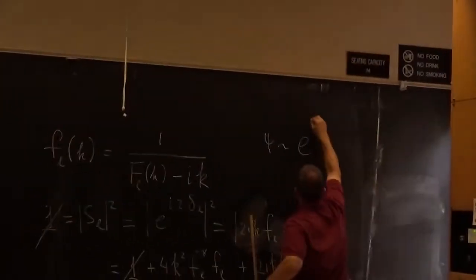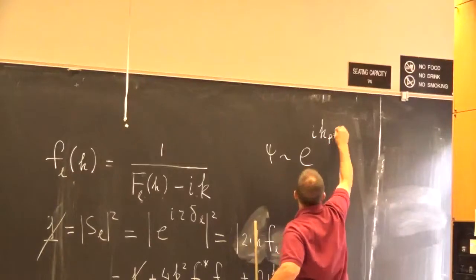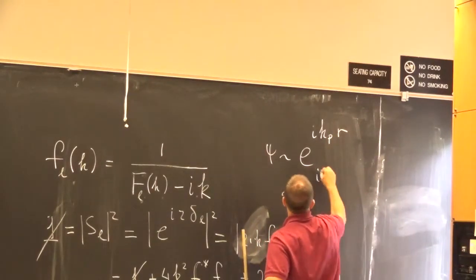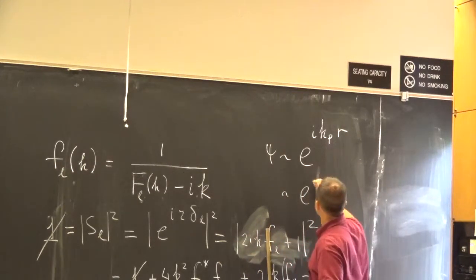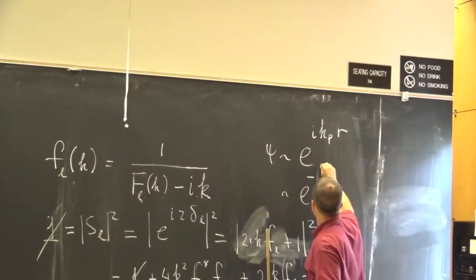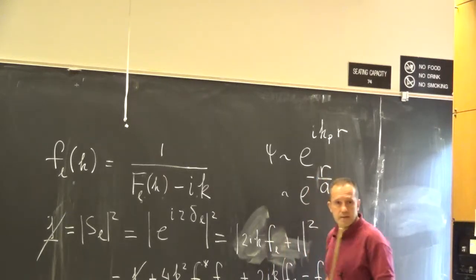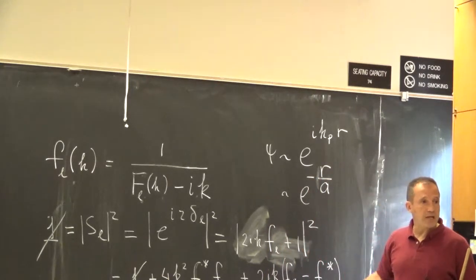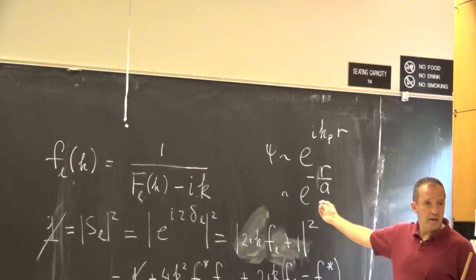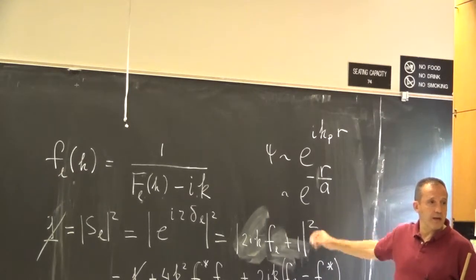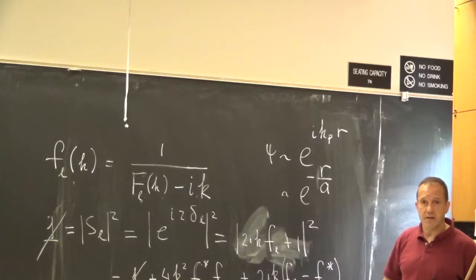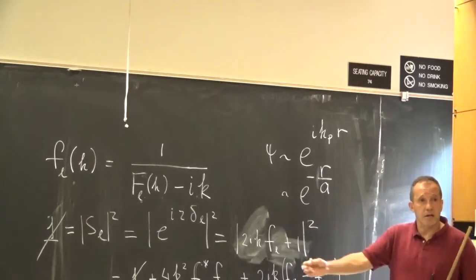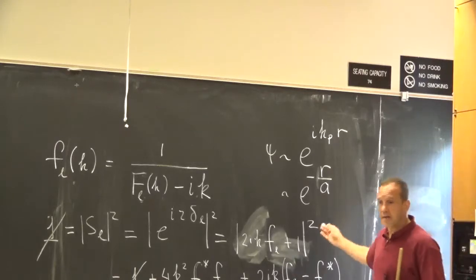Psi is e to the I K pole R, but the pole is at I A inverse, so it's e to the minus R over A. So when A is positive, this is a normalizable state, and that is the bound state. That's how the bound state behaves. But when A is negative on the other side, I don't think of it as a bound state. It still affects the analytical properties of my scattering amplitude, but it doesn't correspond to a bound state.